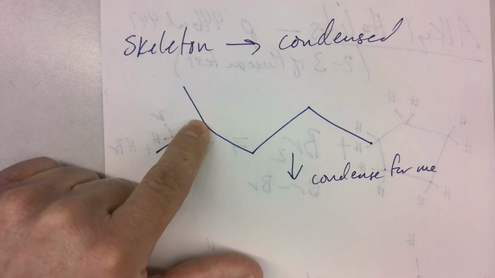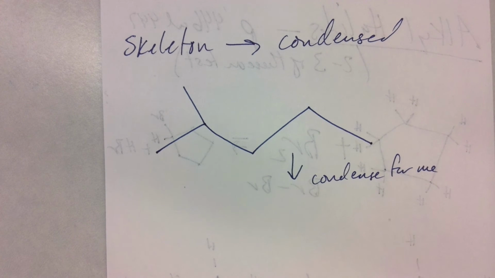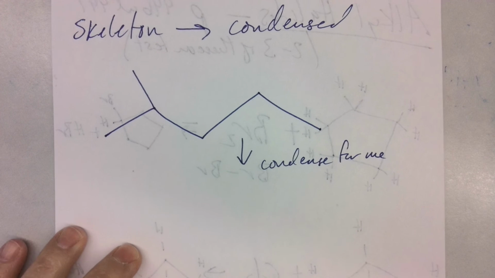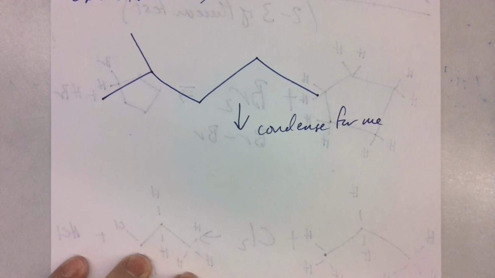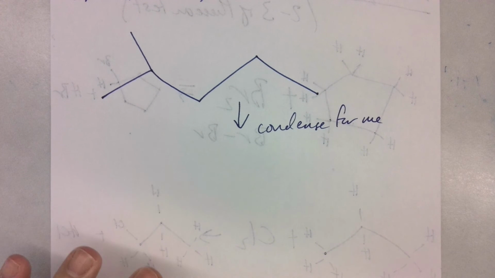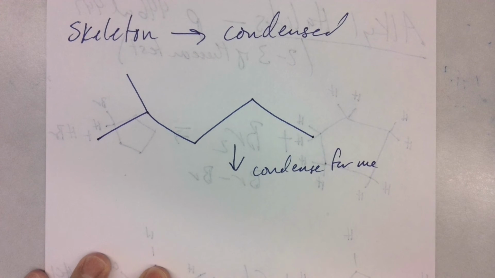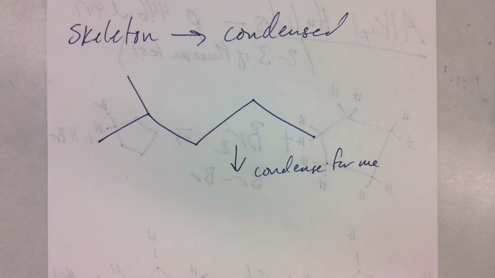Can you go from there to the condensed form of that? Actually, let's do this. Count up to 5. Let's go raise your hand. I want you to condense that for me. Write it. You guys understand what I mean when I say condensed, right? Yeah. Okay, condense that for me. Give me a count to 5 that's condensed.